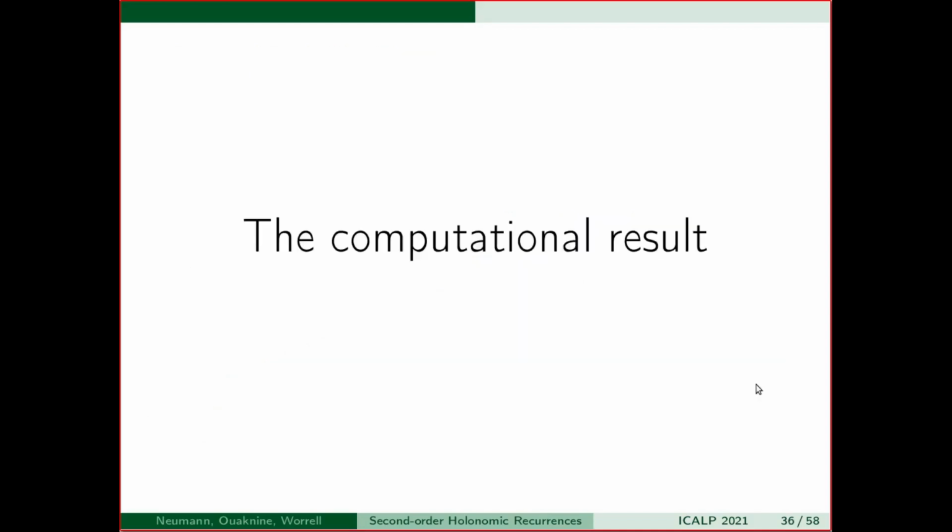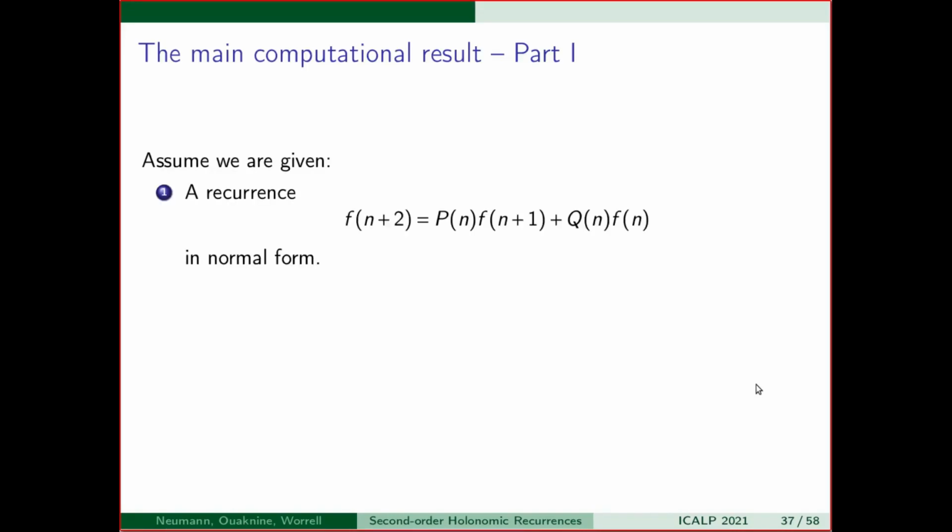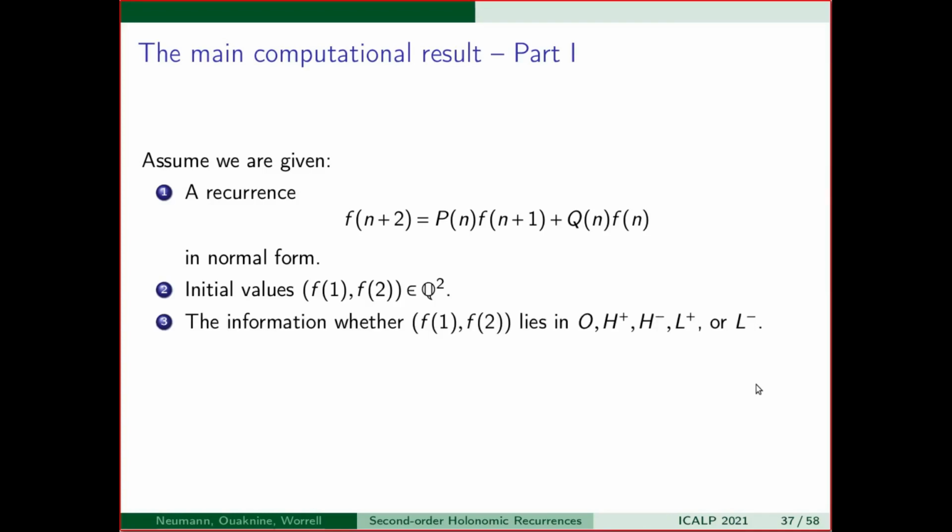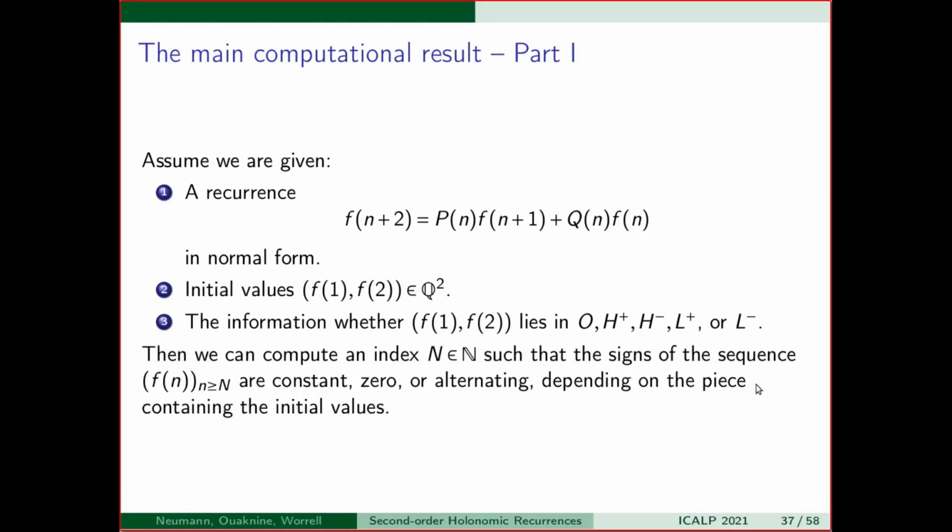Now from this, essentially from the proof of this, we get a computational corollary. If we are given a recurrence in normal form, rational initial values, and moreover the information which of the 5 pieces that we've identified we lie in, we can, because our proof is sufficiently constructive, compute an index n such that the signs of the sequence where you start from n are as prescribed by the piece.